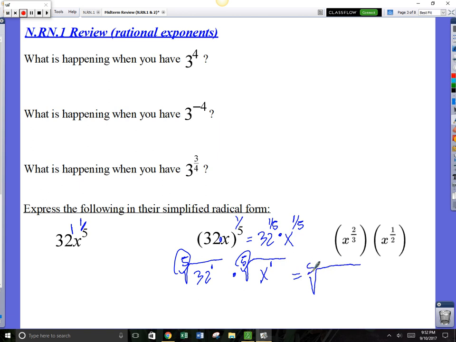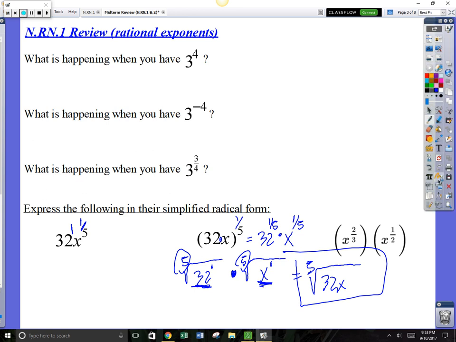So I can write that's a fifth root, and I can go 32x there. And this is what we want you to do. Anytime that your index is the same, if they're both fifth roots, multiplication just times these radicands together. So times 32 and the x together, and just rewrite it as one radical.